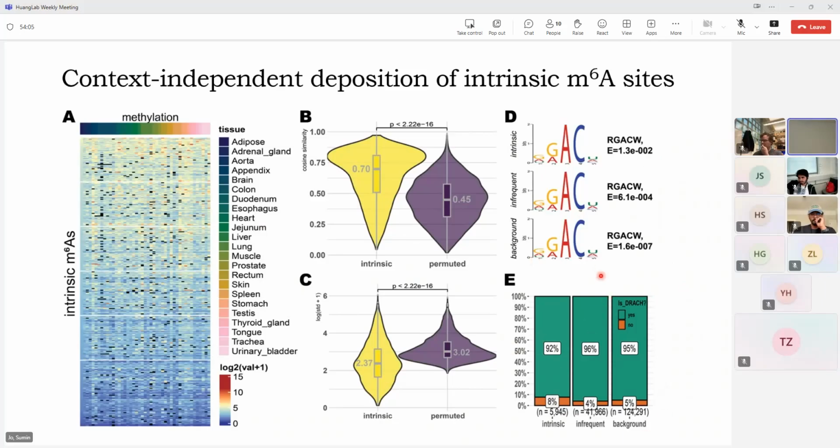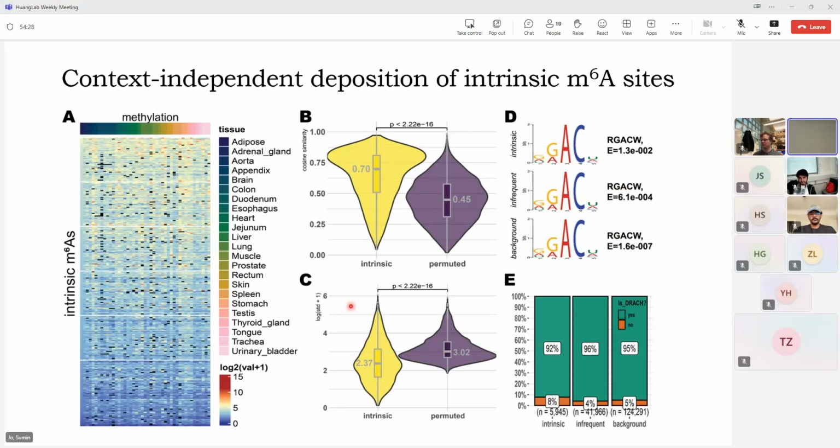That means the main writing mechanism, or main methylation mechanism, across intrinsic, infrequent, and background is similar. There is no difference. So the main methyltransferase, the methyl 3 and methyl 14 complex, will be the main upstream mechanism.